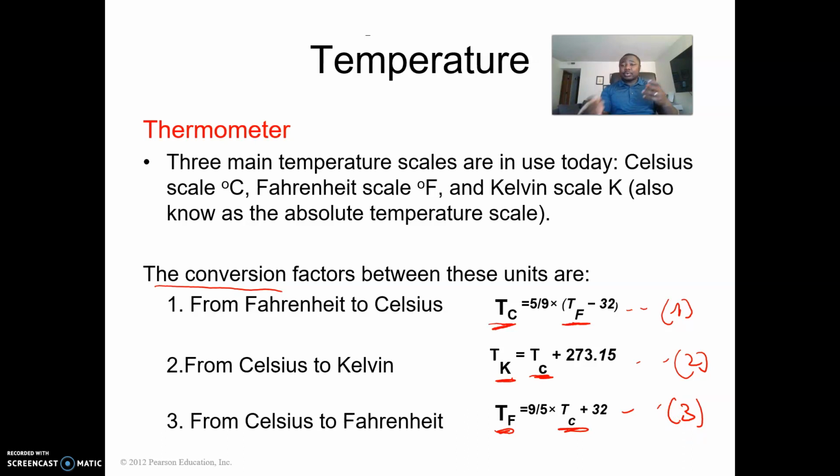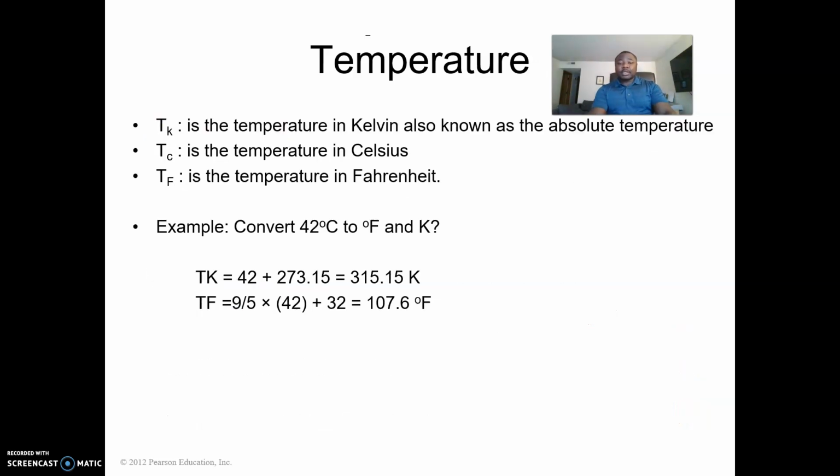In the next slide, we're going to see how we can use these three equations to move from one temperature scale to the other. Notice that TK is the temperature in the Kelvin scale, also known as absolute temperature, TC is the temperature in the Celsius scale, and TF is the temperature in the Fahrenheit scale.